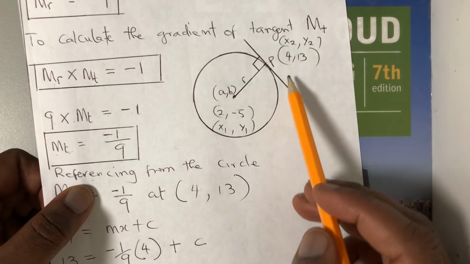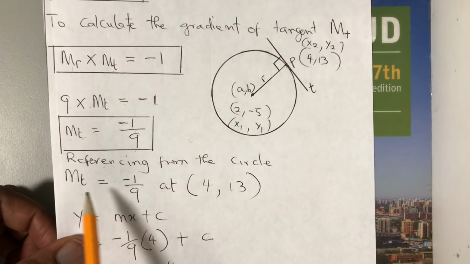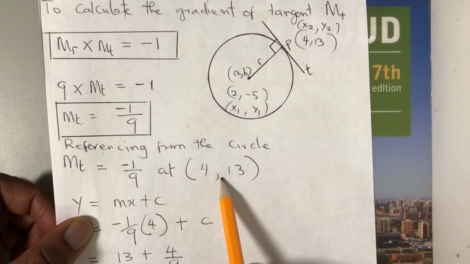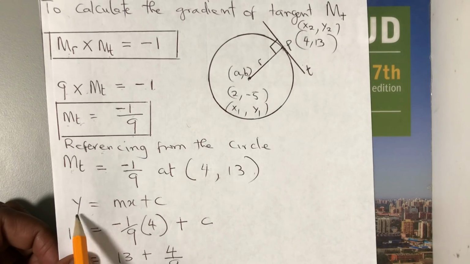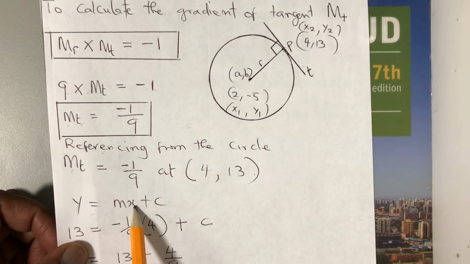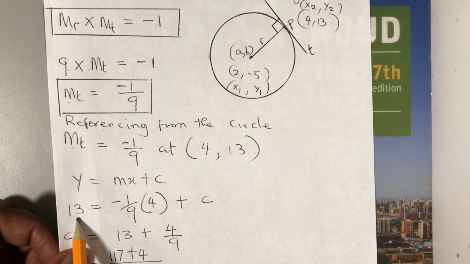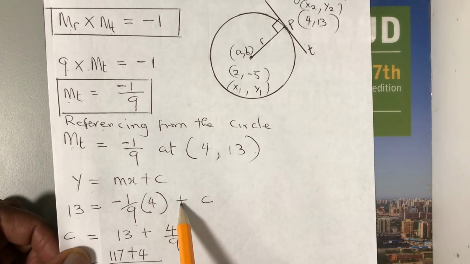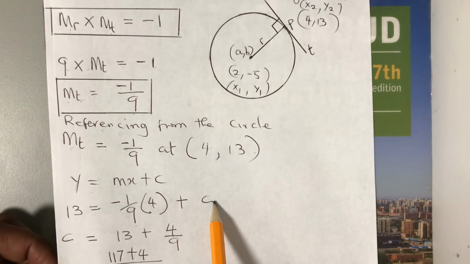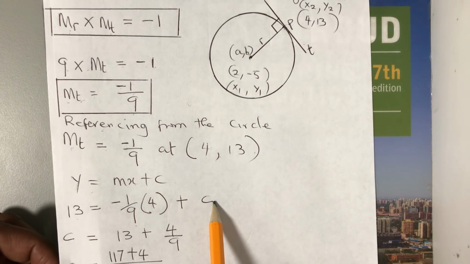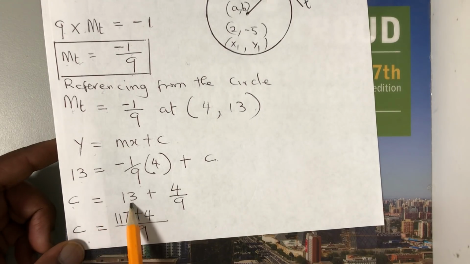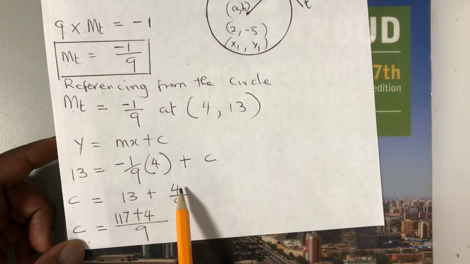From there, we can deduce that when MT equals minus 1 over 9 at (4, 13), then our equation, y equals mx plus c, gives 13 equals minus 1 over 9 in bracket 4 plus c, which is constant. From there, we can deduce that c equals 13 plus 4 over 9.